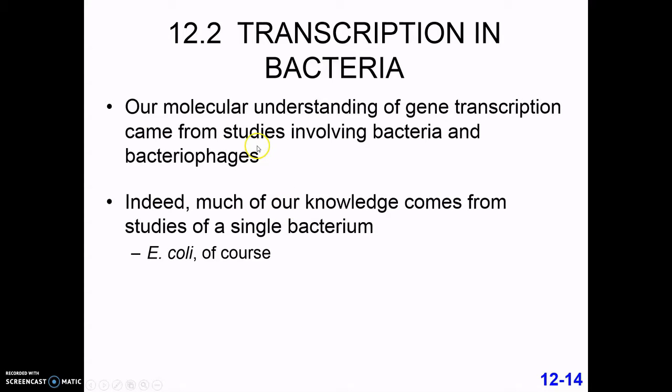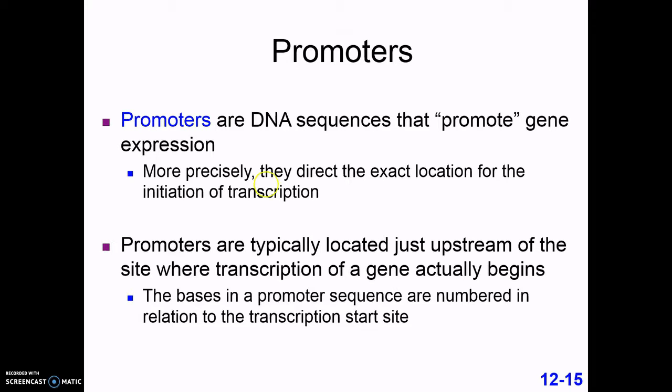So, our molecular understanding of transcription all originated with E. coli. Again, this is where we tend to start, but we've expanded from there greatly, and most bacteria utilize a similar type of system. Now, promoters are simply DNA sequences that promote gene expression.